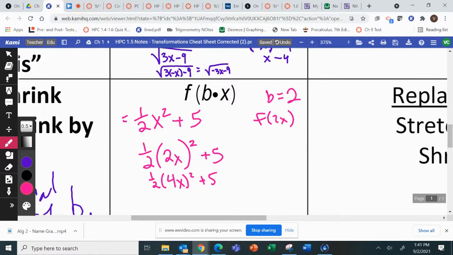Then what can I do? I can still simplify something. It's okay to get rid of the parentheses, is what I'm saying. Because I messed up. Because I wasn't paying close enough. I meant to keep the parentheses, but I meant to put the squared on the inside. Sorry. Sometimes I mess up.